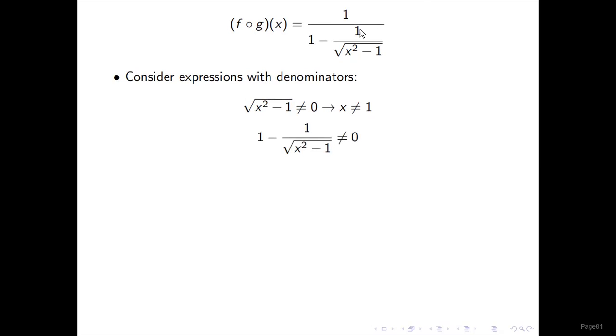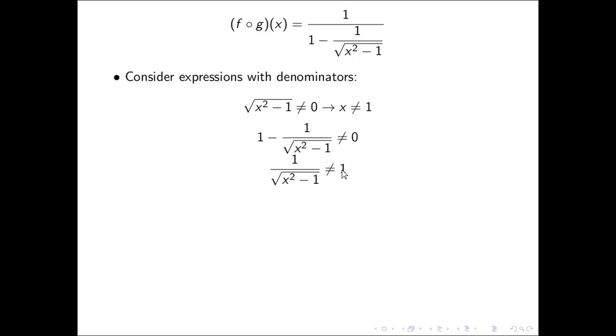Now, next, look at this denominator here under the 1. That should not be 0. And if we solve, let me show. We transpose 1. This here. Then just switch places. So this should not be equal to 1. And then we cross multiply.